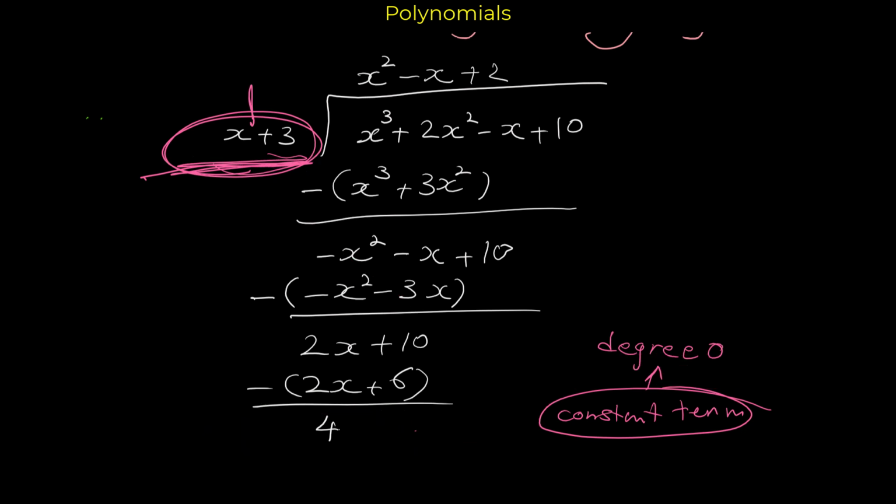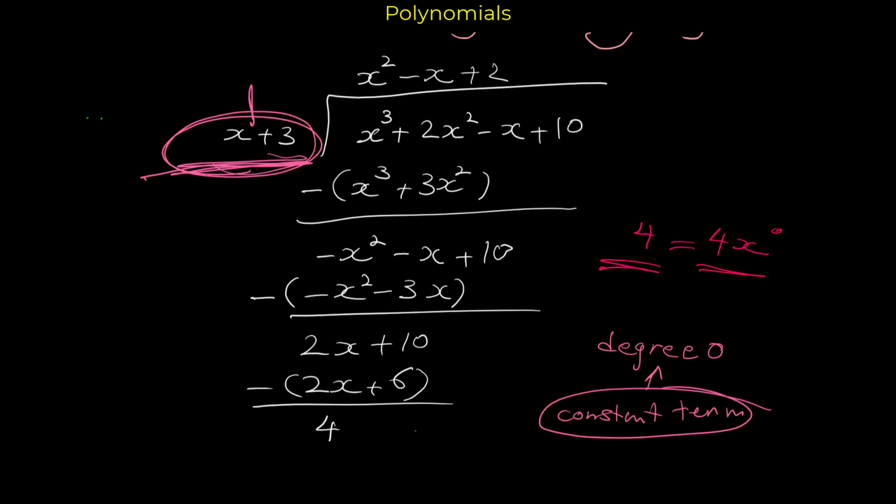But why can a constant term be considered as degree 0? Let me tell you the reason behind that. When we have 4, you can always consider 4 as 4 times x to the 0, because any variable to the 0 is 1, except 0 to the 0.